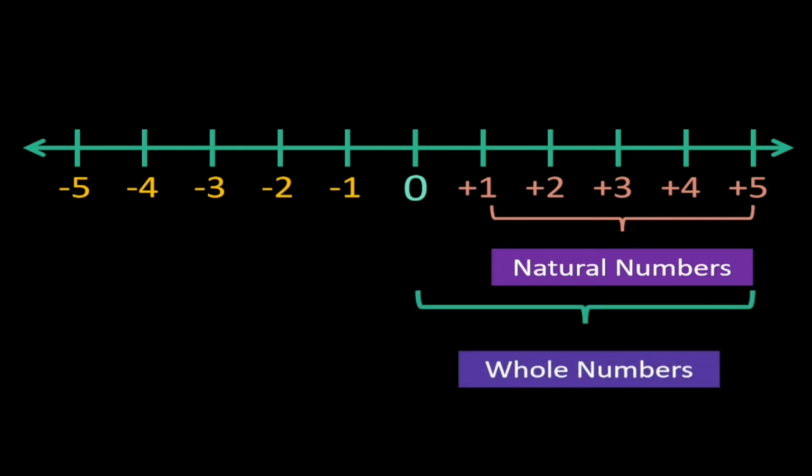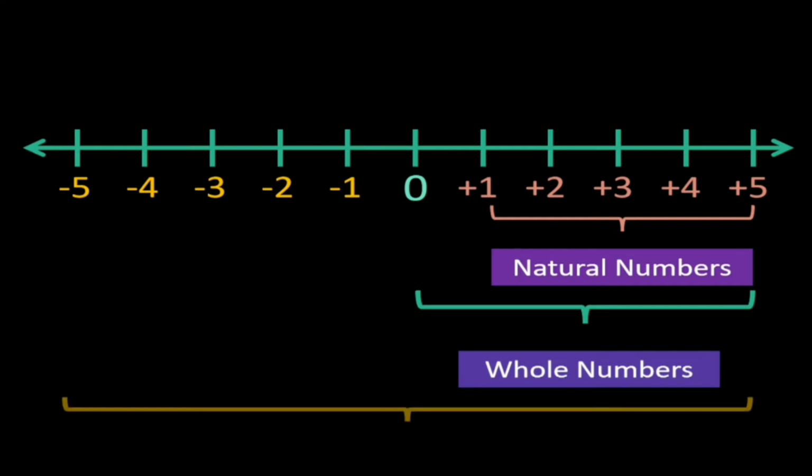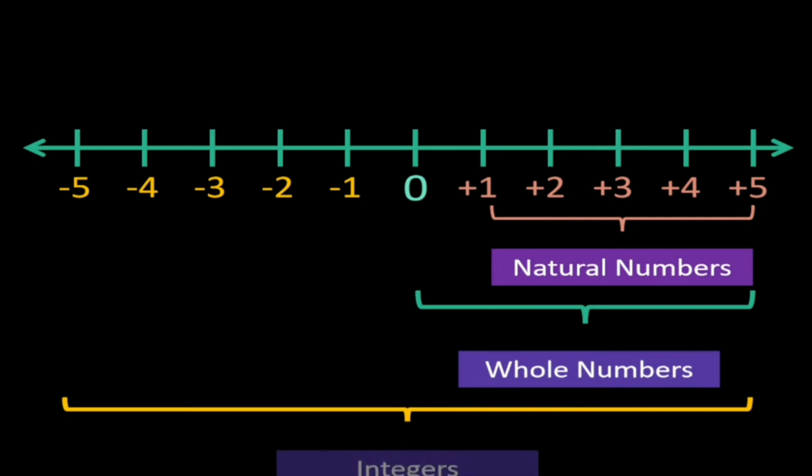Next, we have 0 and the positive or natural numbers. These are called whole numbers. And take note, by definition, the whole numbers begin with 0. Then, from negative numbers, zero, and positive numbers or counting numbers, we call these the integers.